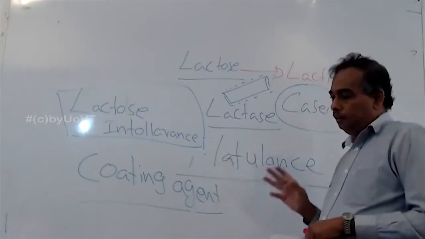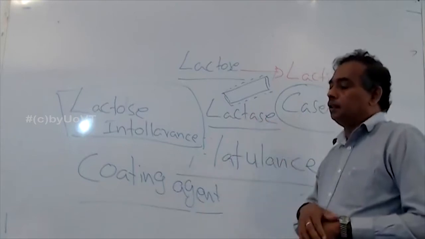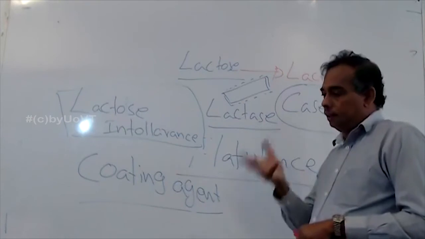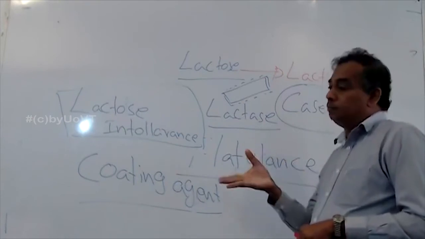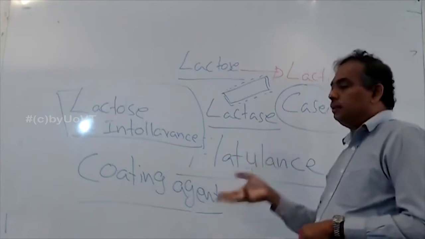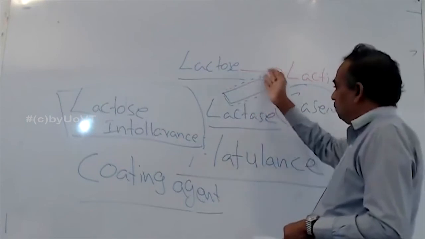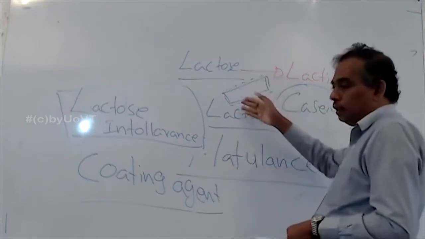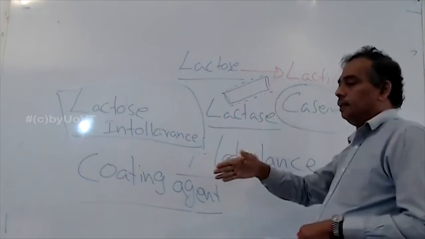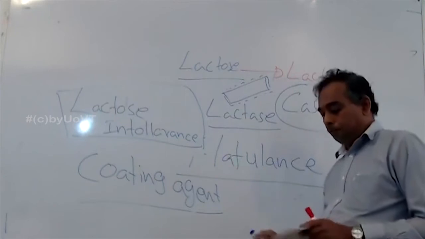If you need to add any flavor, especially to baby food, or any permitted color to the food material, you can easily apply it with a lactose coat. Lactose can readily absorb colors and flavor compounds.